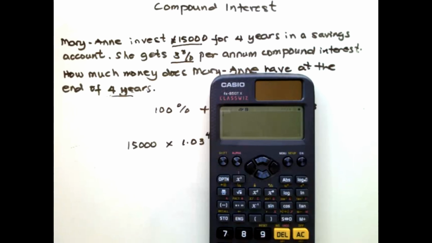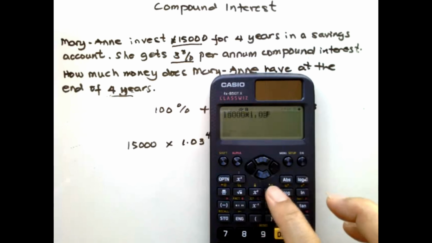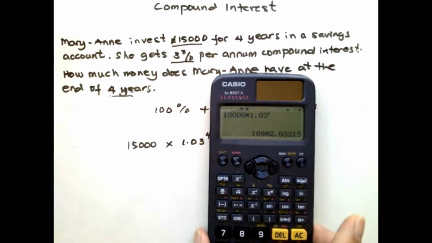Using the calculator, we're going to put 15,000, and then times 1.03. Then you're going to use the x with the square and the power, and you put the power of 4, because it is 4 years. And the answer is 16,882.